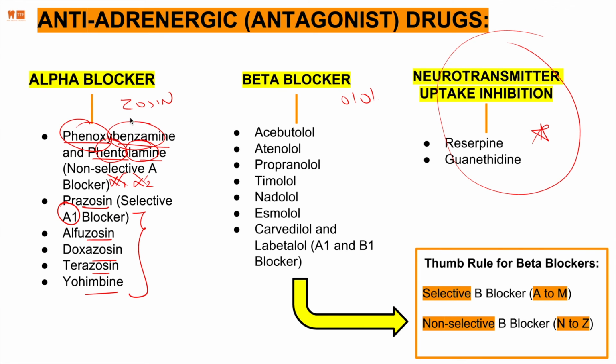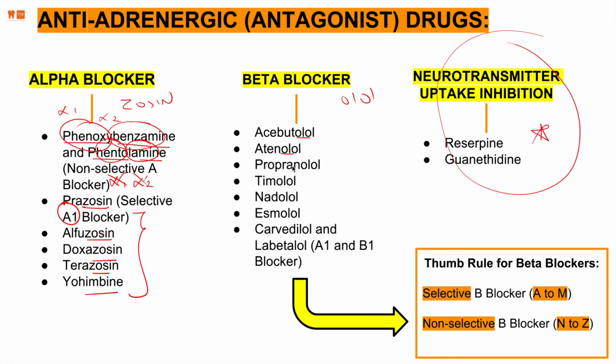When it's split into two words, we can see that it can block both. When it's just one word, such as prazosin, alpha-zosin or terazosin, that's alpha 1. So I know it's not the most ideal way to remember, but I bet you anything, if you write this in your notes and actually circle the words just to remember, it will come back to your mind. I promise you.